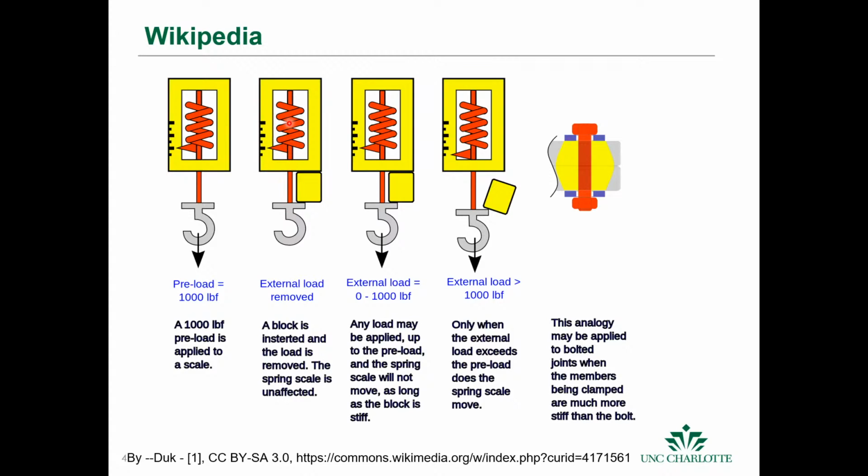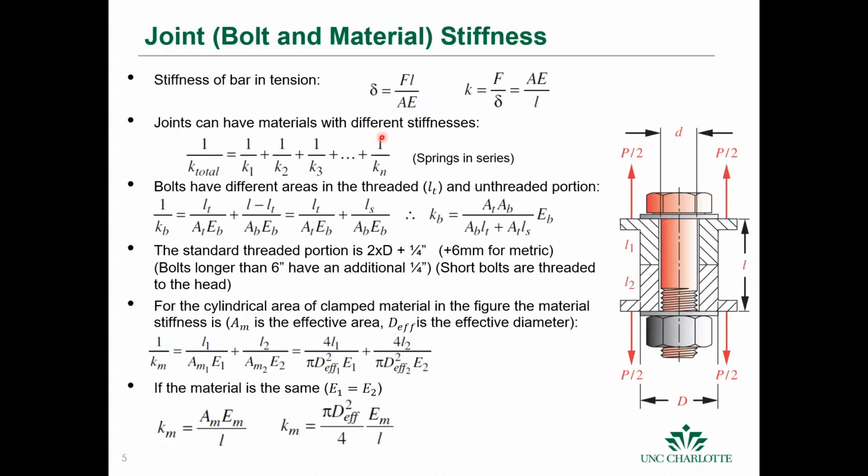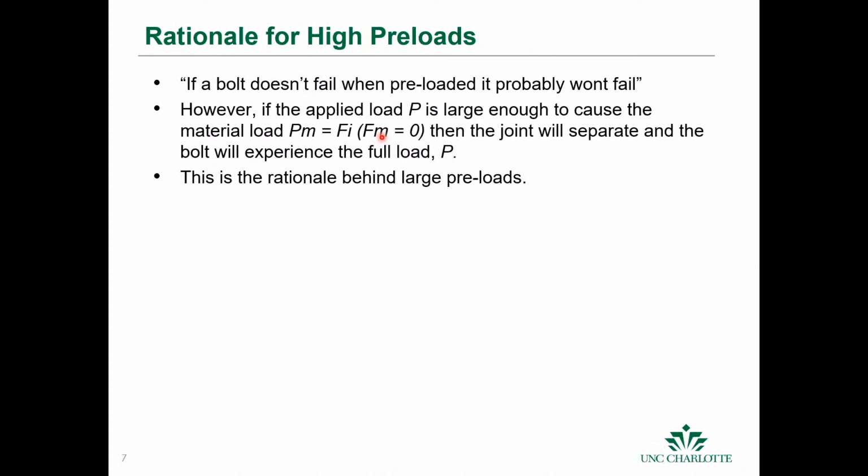When I pull this preload down to 1,000 pounds and put this material between it, it takes at least 1,000 pounds to get this thing to pop out. So when you are pulling on that, the load here stays essentially the same, and the load here changes and is actually reduced by what you're pulling. If I went up to 900 pounds, then the load here would be 100 pounds. The load here would remain at 1,000 pounds. And that's what these expressions are saying.